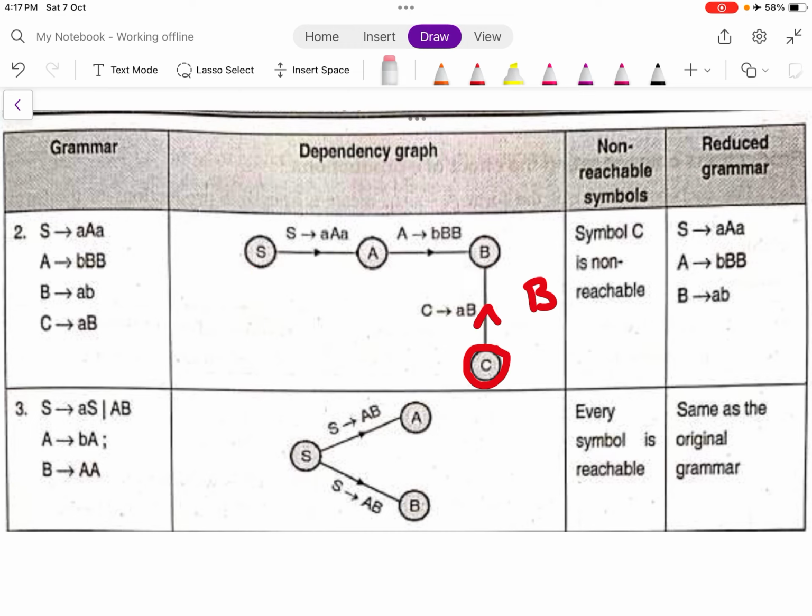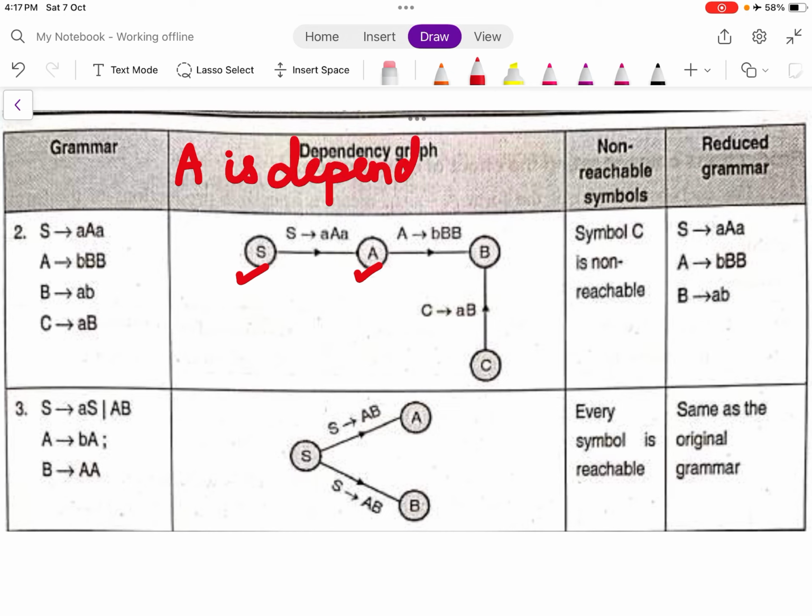So then this is your dependency graph. First, with the help of A, A is dependent on S. So you can reach S with the help of A. How do you understand this? With the help of production S gives A. B is dependent on A.